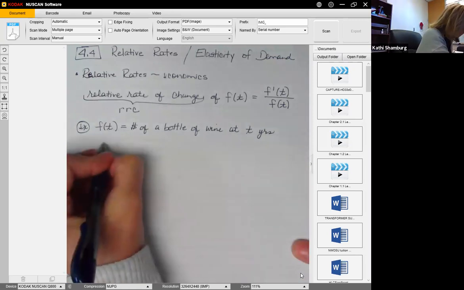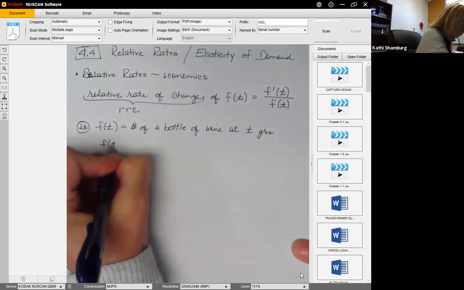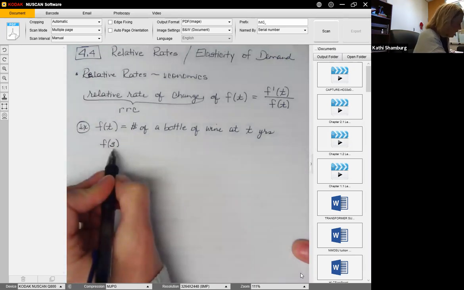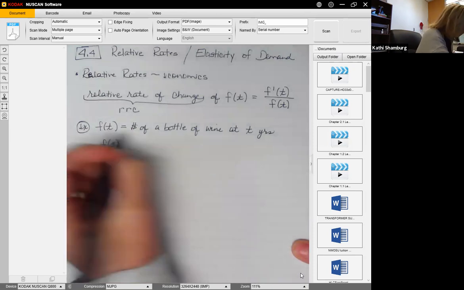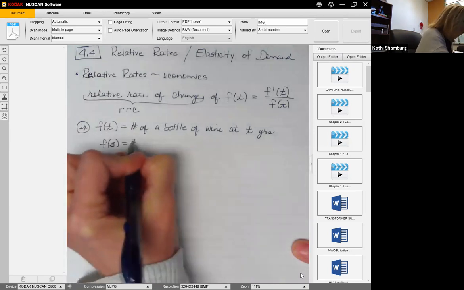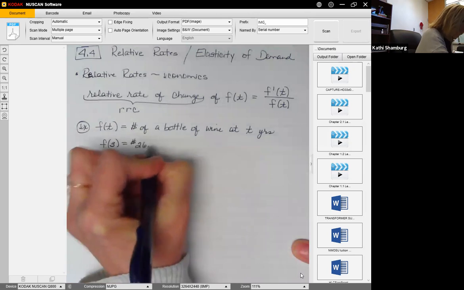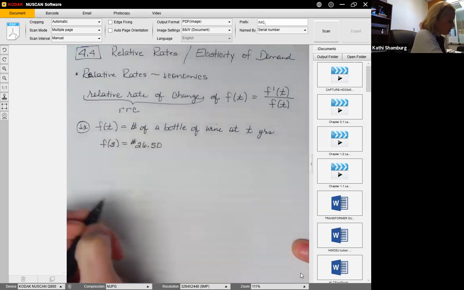So let's say that we're given f of 3. So this would represent the cost of a bottle of wine at 3 years. And that output is $26.50.